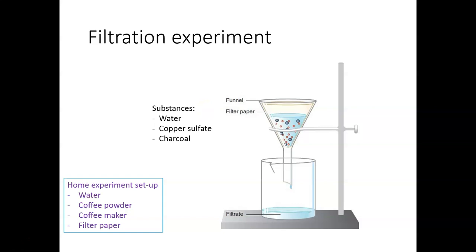It has water as a solvent. Then it has the copper sulfate. This is a blue color, ions, so it's going to dissolve in the water and give the water this blue color, so it's easy for you to see whether it filters through or not.